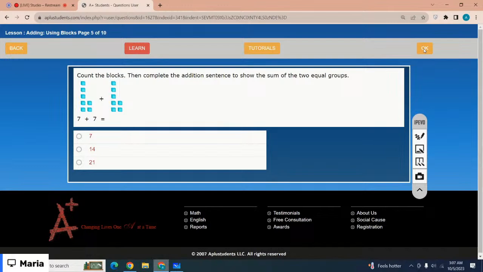Which is the correct option? Yes, that would be 14. 7 plus 7 makes 14.